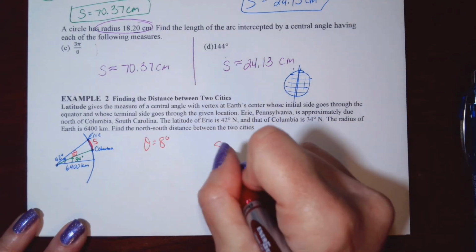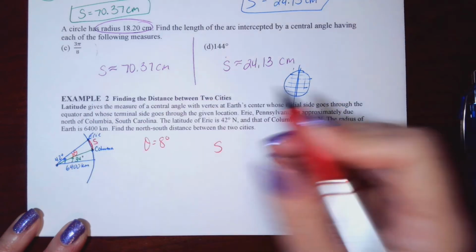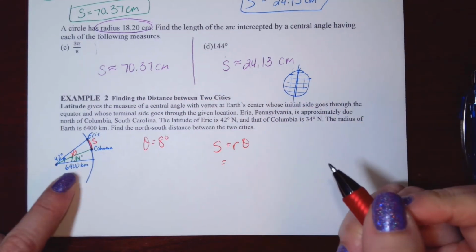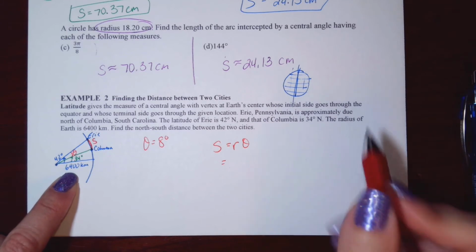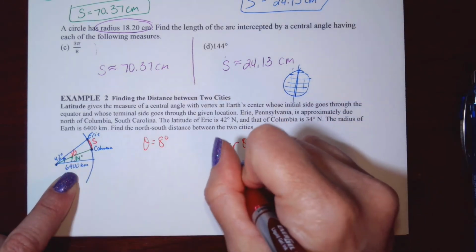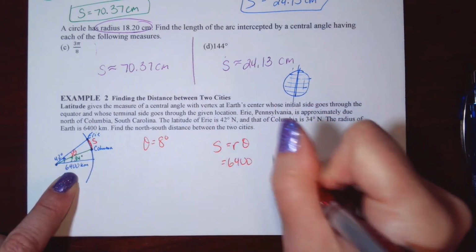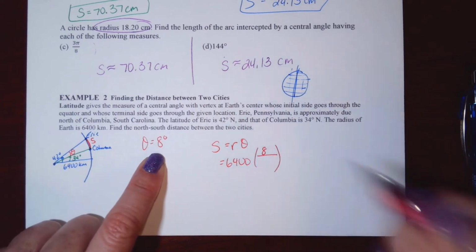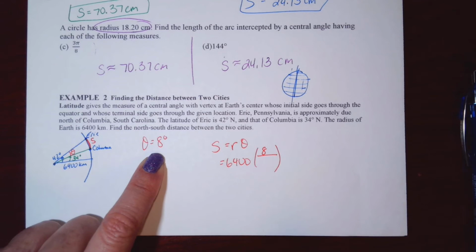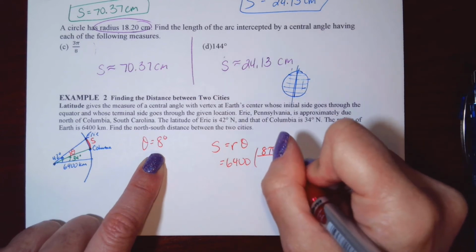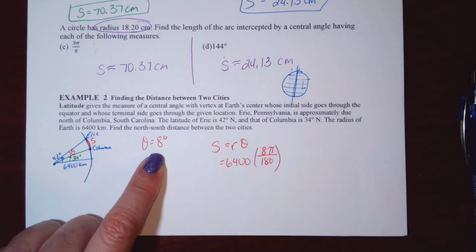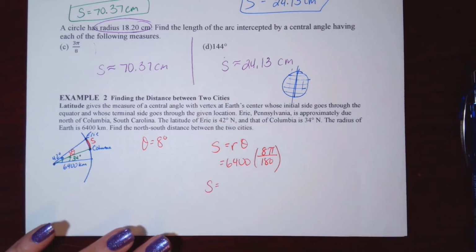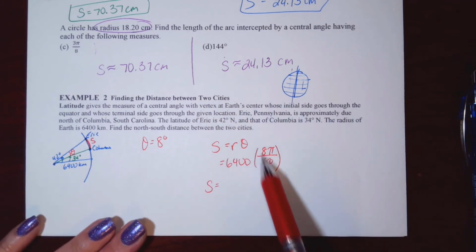Well, S, this distance, is equal to r times theta, and we're using the radius of the Earth as 6,400 kilometers. Theta is 8 degrees, but we can't use this formula in degrees, so we have to multiply in our radians and divide out our degrees to give us the correct value.